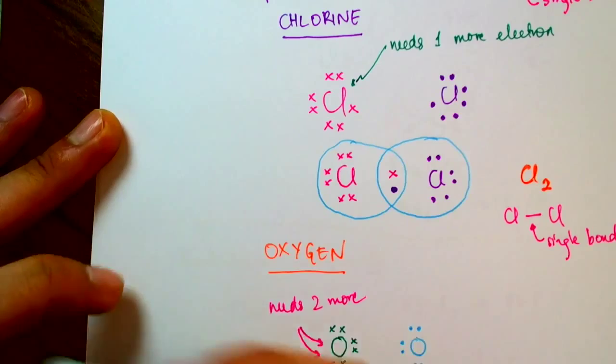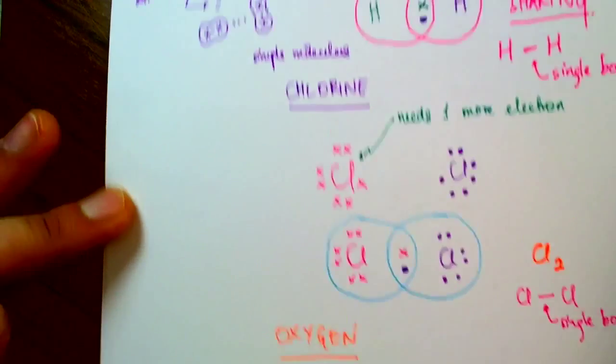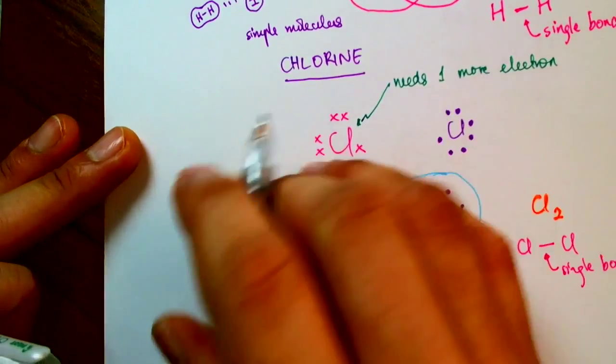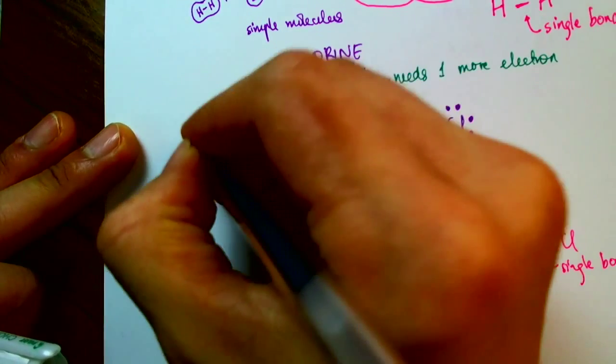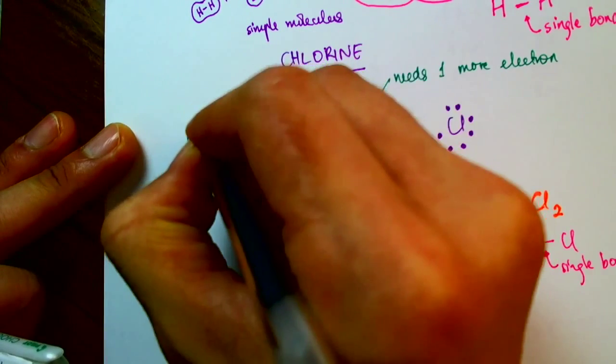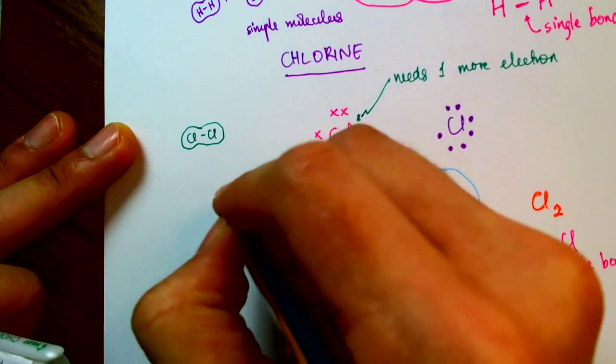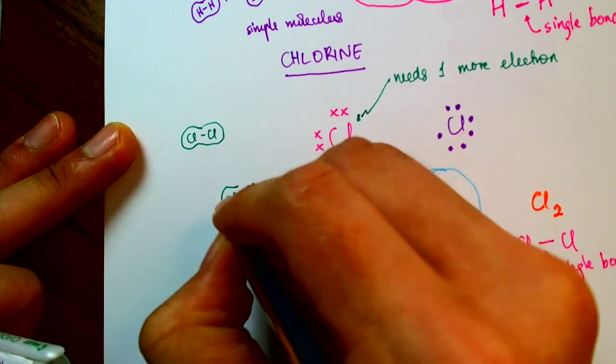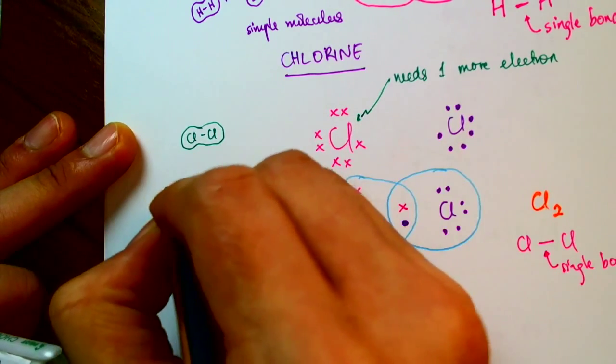Likewise, we can look at the structure of chlorine. Chlorine is going to form diatomic molecules like that, kind of floating around in space. They're all perfectly happy with each other.